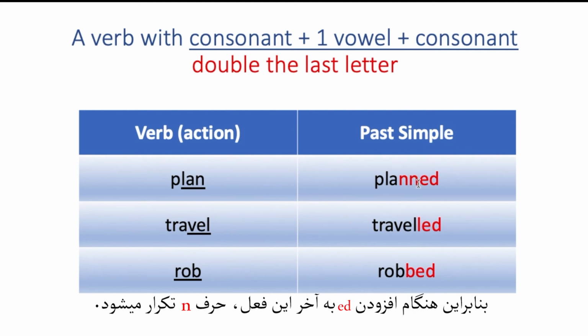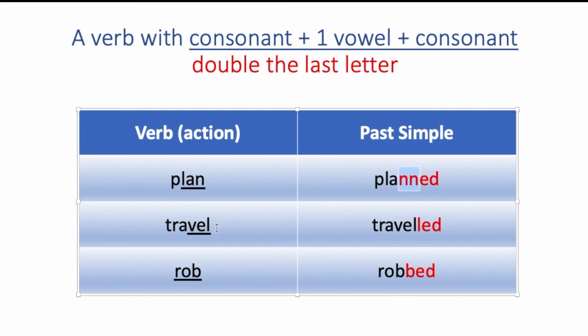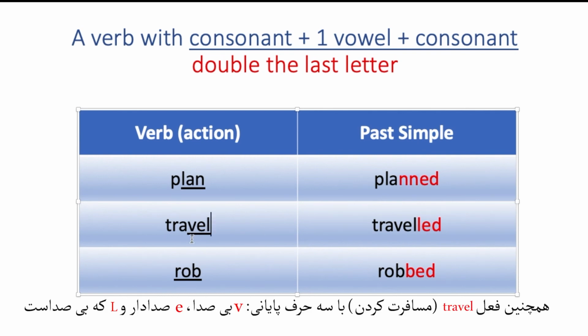So what you do in the past simple, you have a double letter. So plan, one N, planned, double N. Okay, same for travel. V is a consonant, E, vowel, L, consonant. Consonant, vowel, consonant. So you have double L for the past simple, traveled.